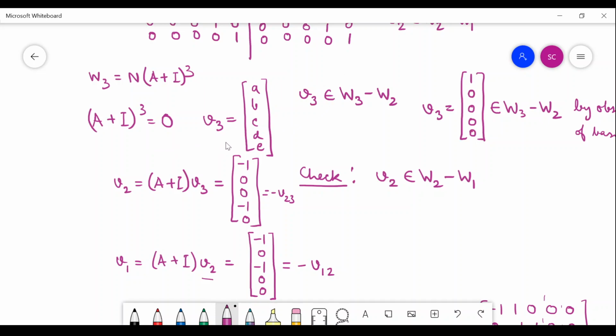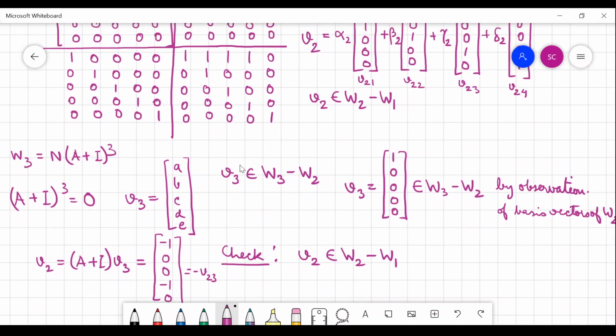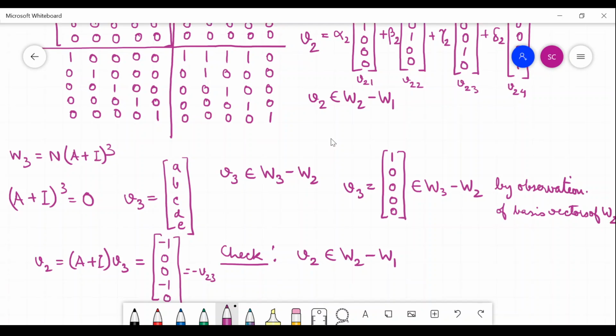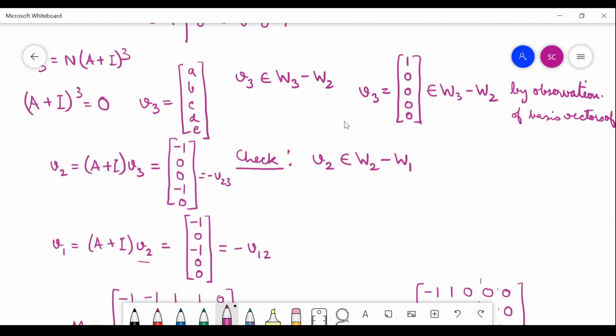From that space you have to choose a vector and go backwards, and the vector has to be chosen by maintaining the condition that it must not be a vector coming from the lower eigenspace. That you have to only ensure. When you ensure that, you will be able to carry out the operations.